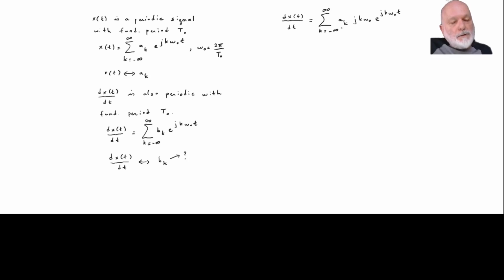Okay, so it is now clear that we can identify this term ak times jk omega 0 with bk. So the relationship between bk and ak is bk equals jk omega 0 ak.